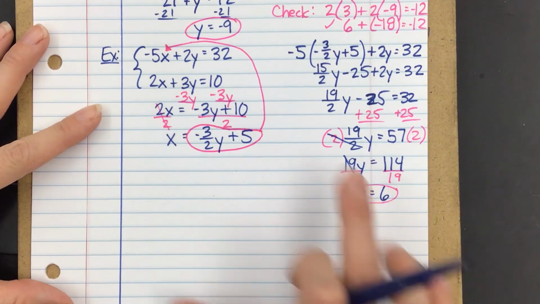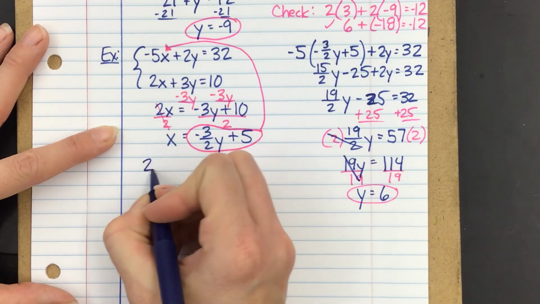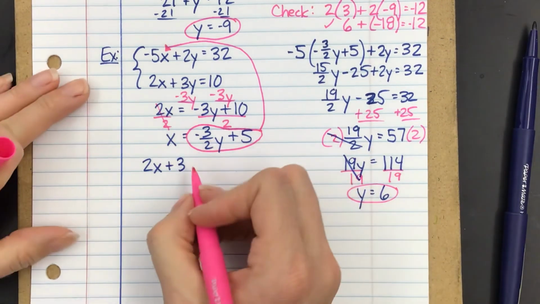So I'm going to take this and plug it into either one of those equations and solve for x. I'm going to choose that first one, or sorry, the second one.